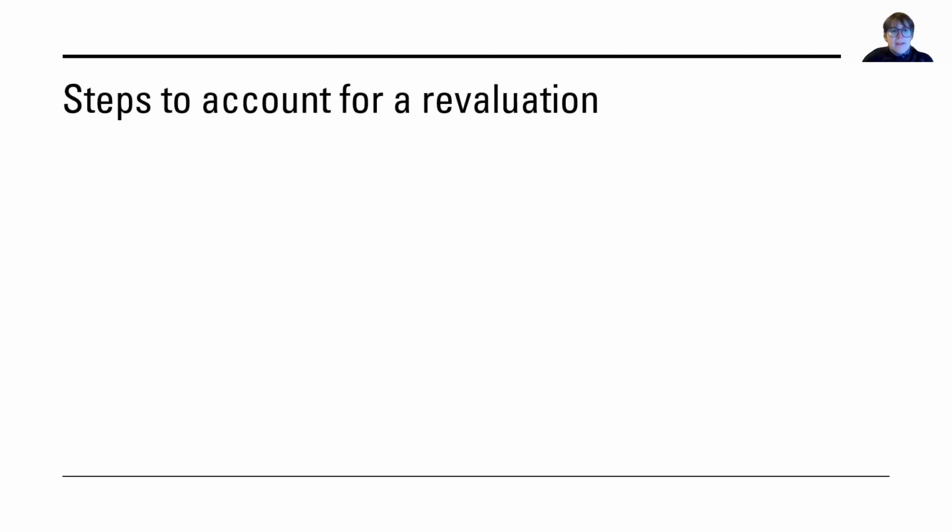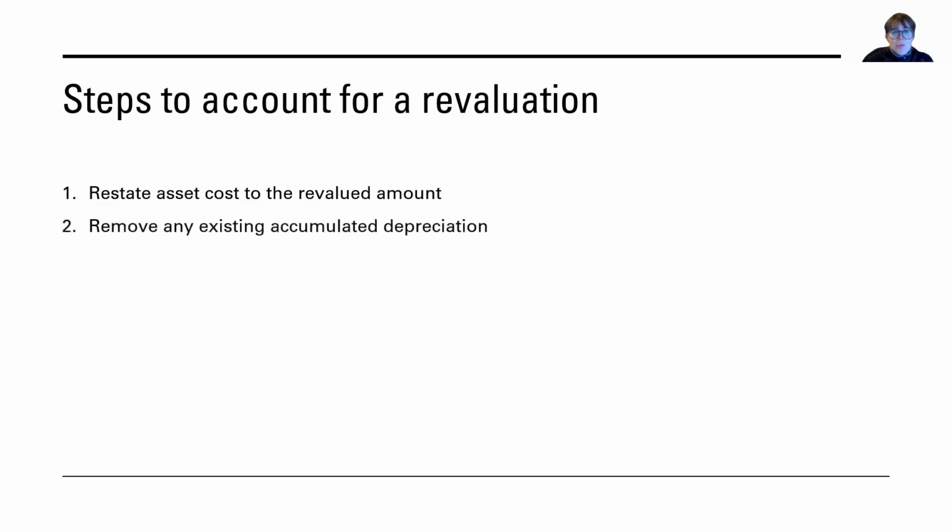Obviously it's not straightforward, and there are certain steps that have to be taken into account when completing the accountancy side of it for revaluations. The first step is to restate the asset cost to the revalued amount. You would then remove any existing accumulated depreciation.